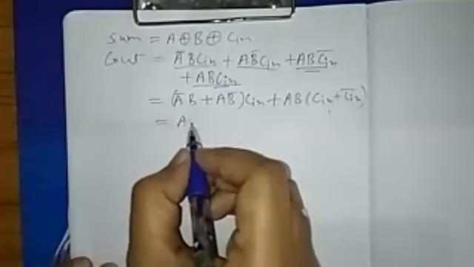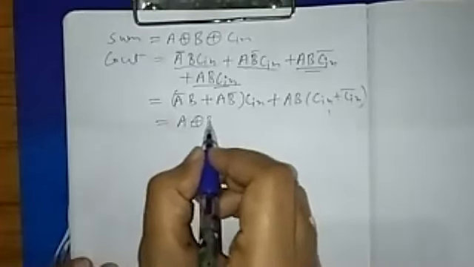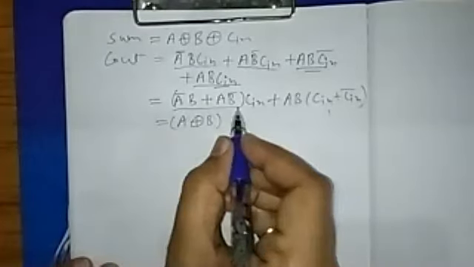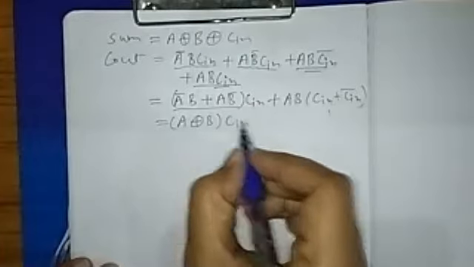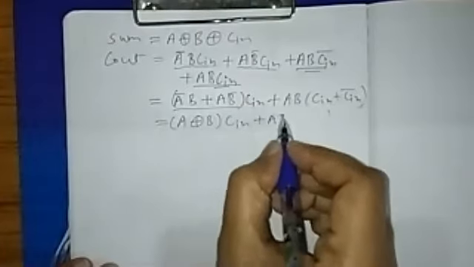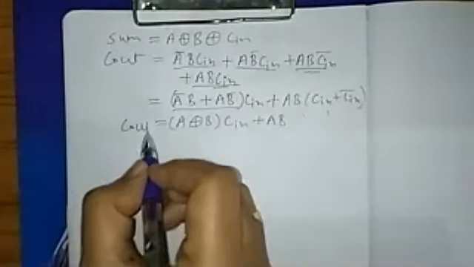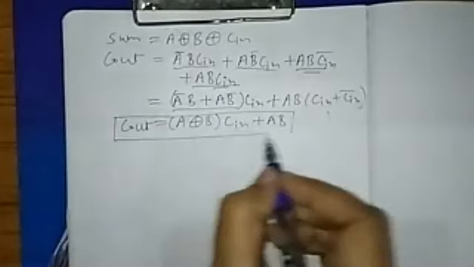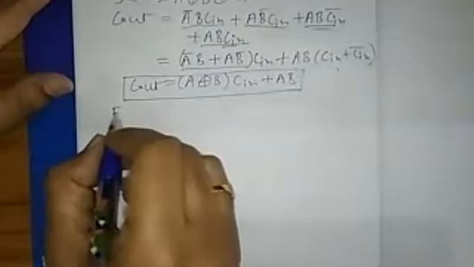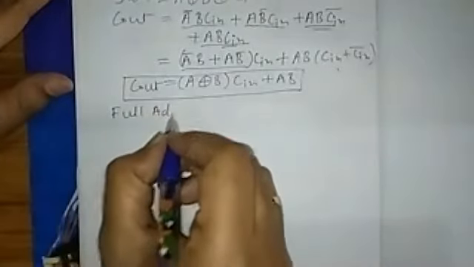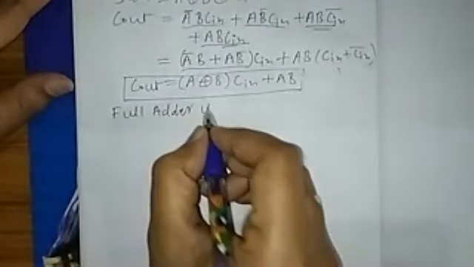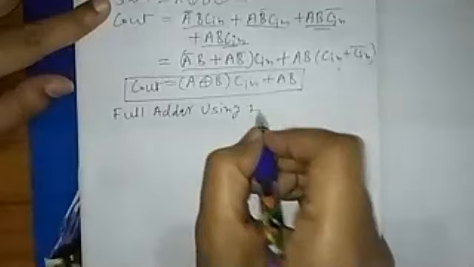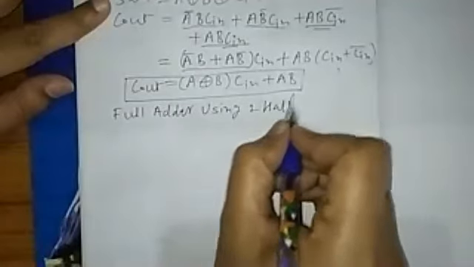Therefore I will get A XOR B times Cn plus AB. This is the modified expression for C out when you are implementing a full adder using 2 half adders.